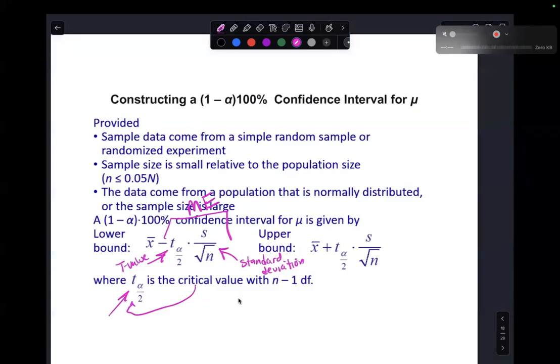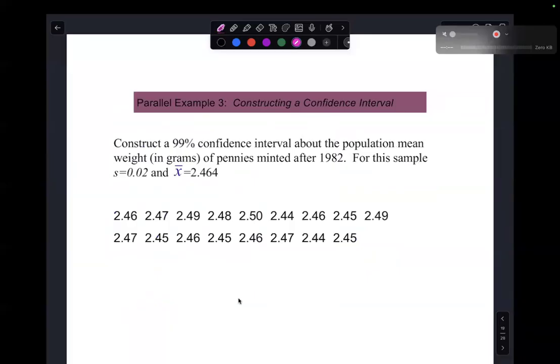All right. Let's math this out. I'm going to construct a 99% confidence interval about the population mean. From this sample, the sample standard deviation is 0.02, and my sample mean is 2.464.